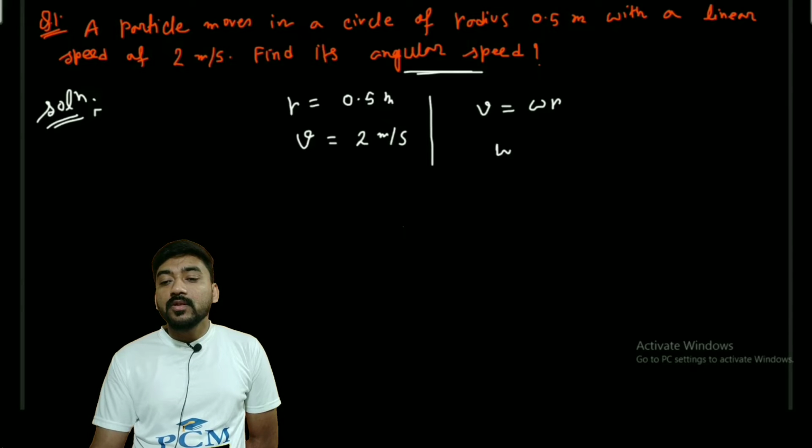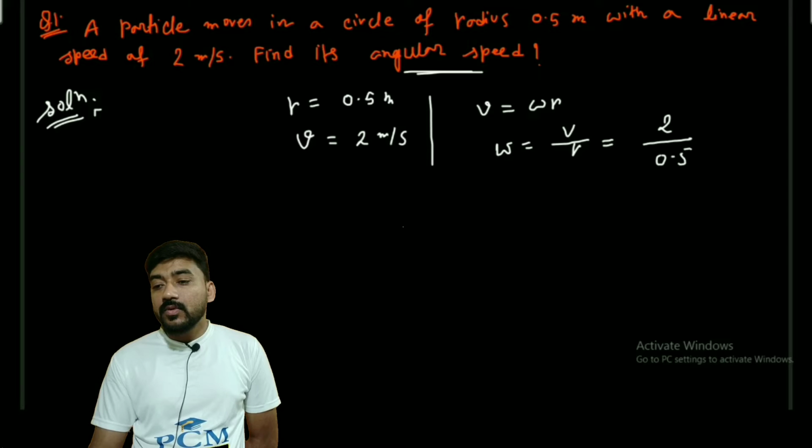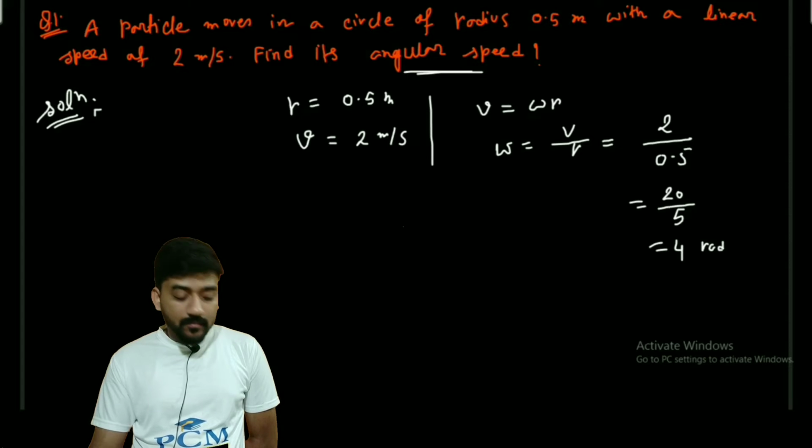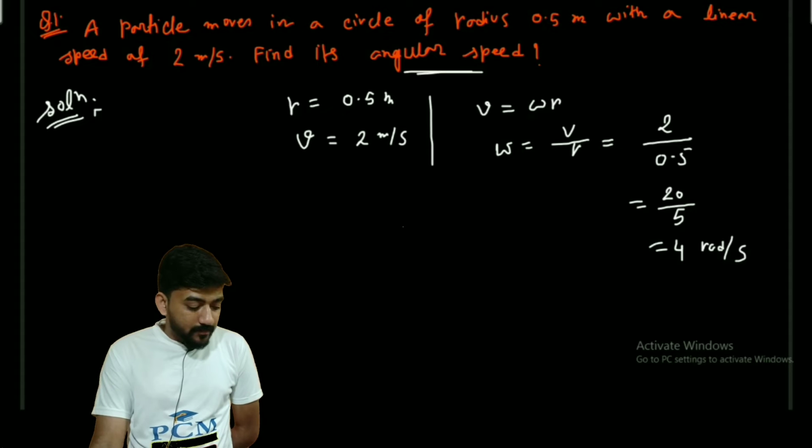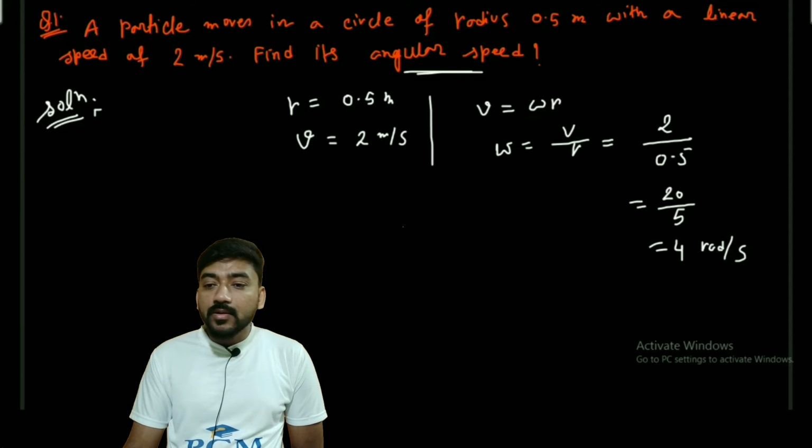So omega is v divided by r, that is 2 divided by 0.5, which is 4 radian per second. This is the angular speed.